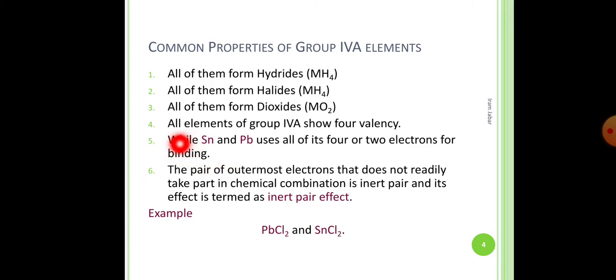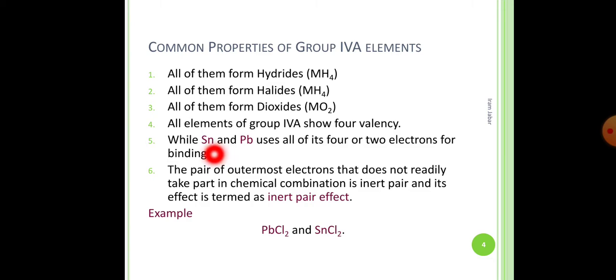And as I already told you, from moving carbon to lead, there are very marked changes. This marked change is observed in binding with other elements also.